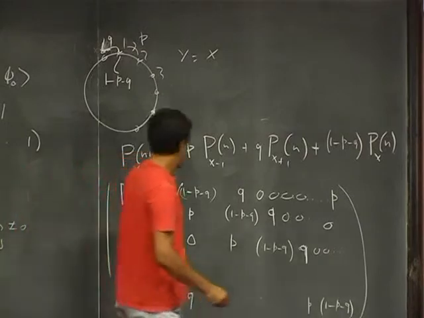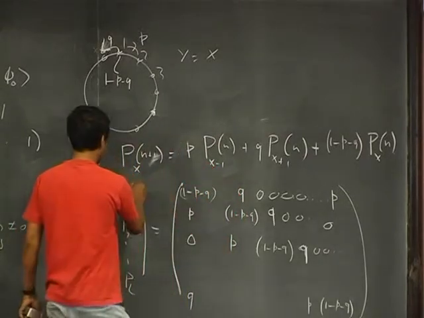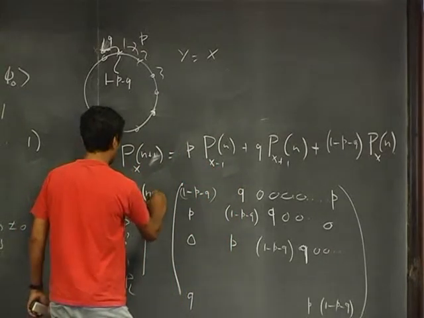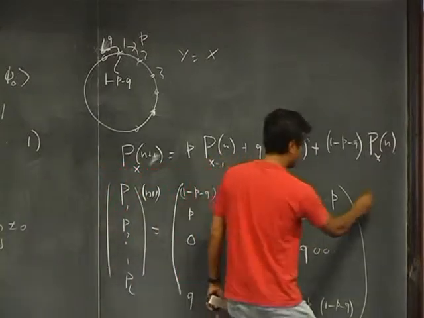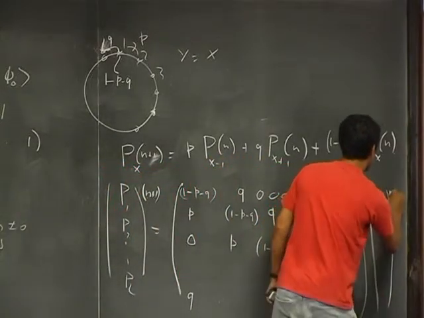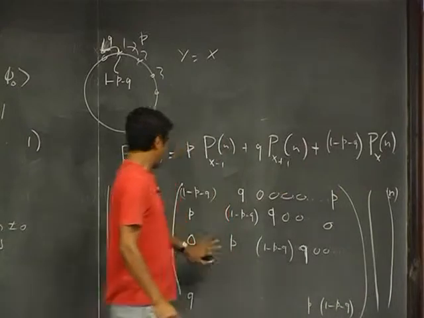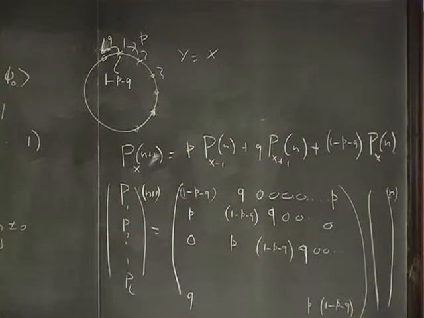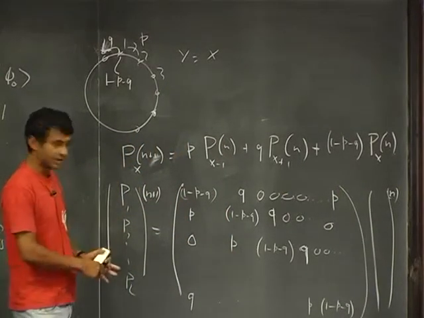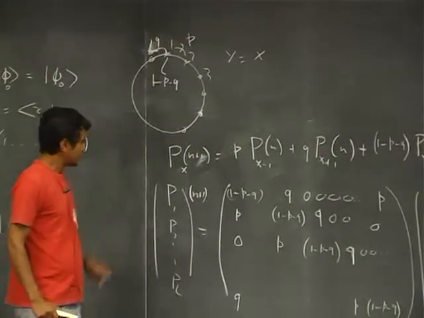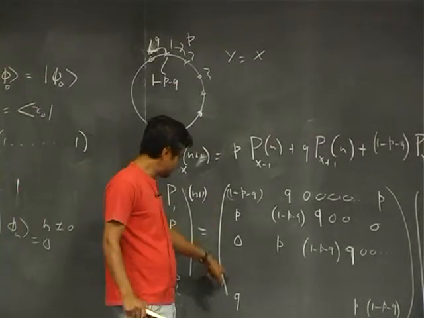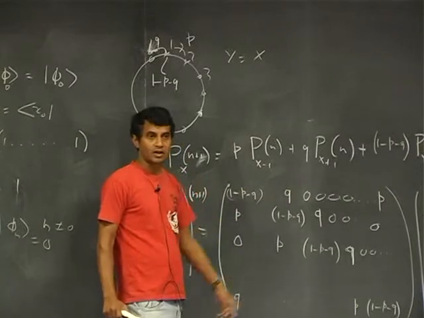Okay, so this is time n plus 1, and then you have the same vector at time n. So this is the T matrix for this. It's the same system, but I can write it in this matrix form. And you can check that the column sums are all 1.